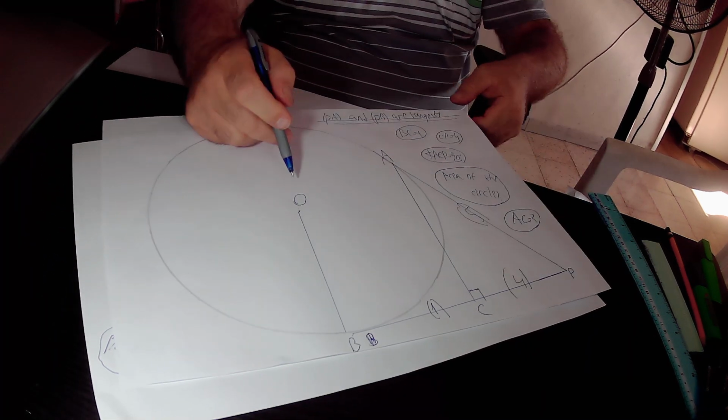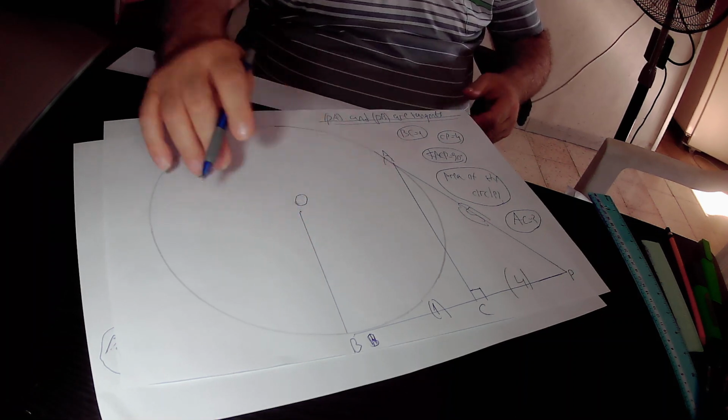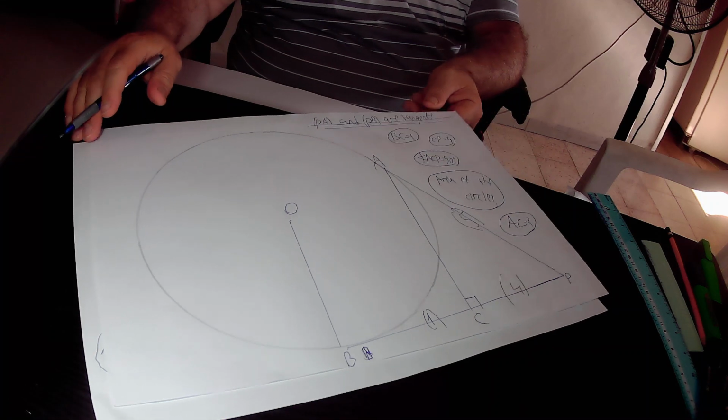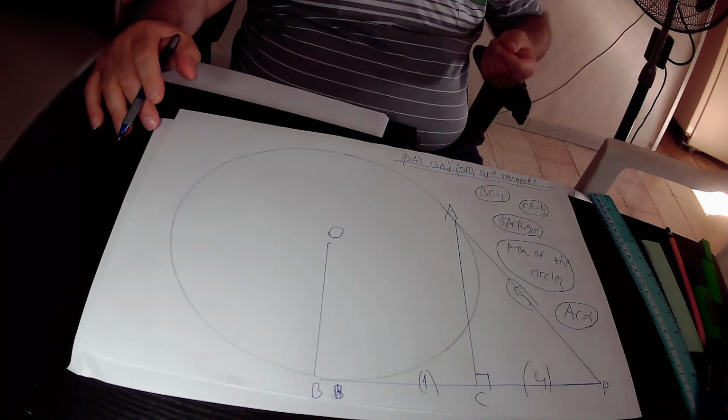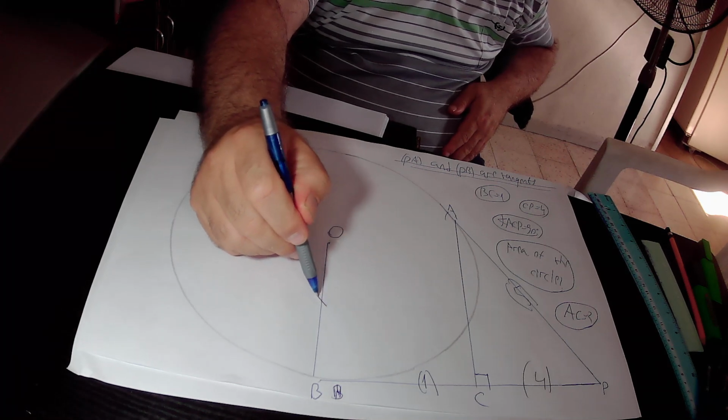Point O is the center of the circle, point B is a point on the circle itself, therefore OB is the radius of this circle. We will define the radius of this circle as x, therefore OB equals x.